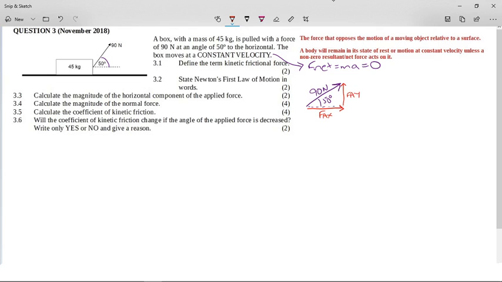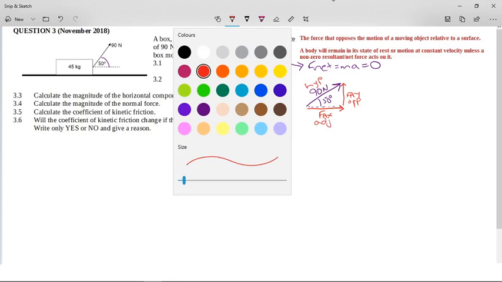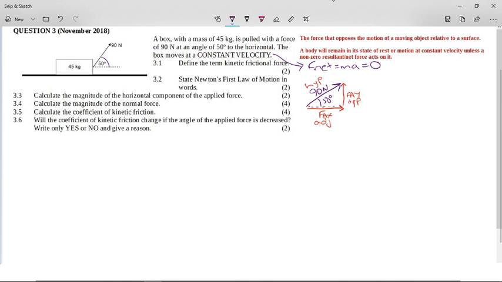My applied force is now the hypotenuse of a triangle. My vertical force is now the opposite of a right angled triangle, and my X force is the adjacent of a triangle.